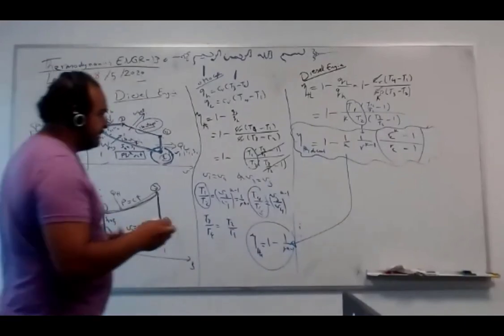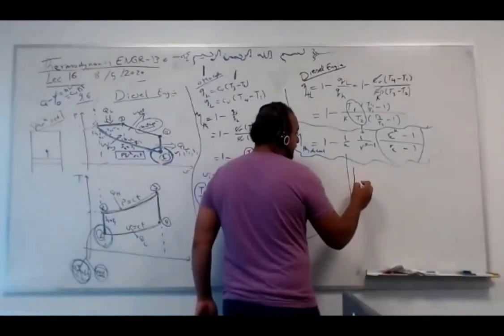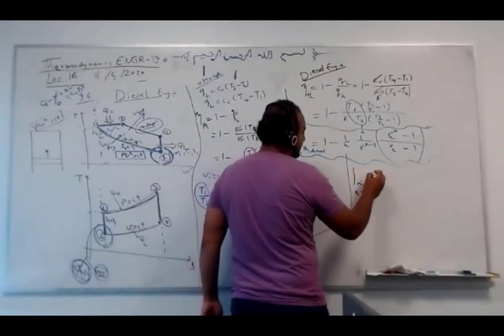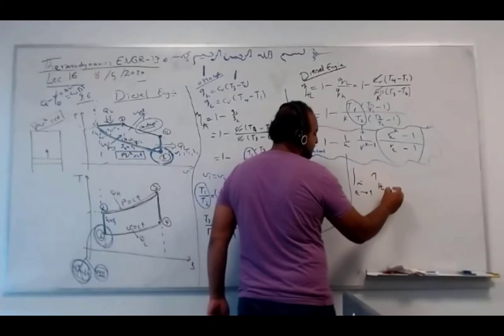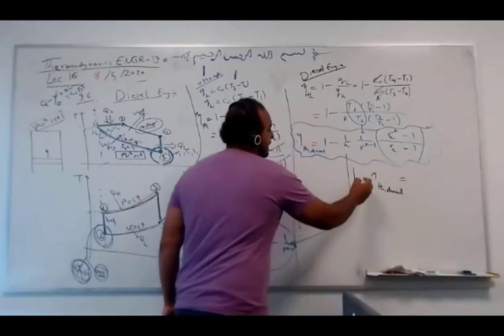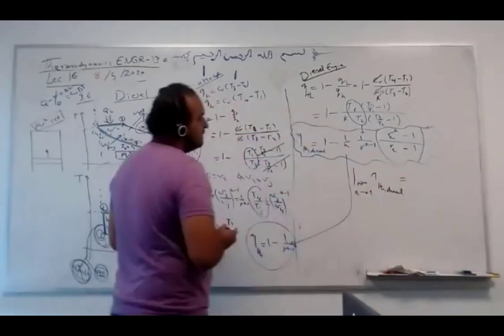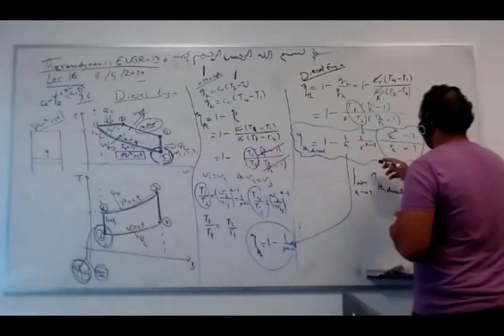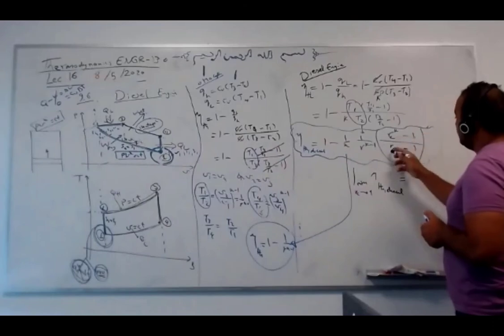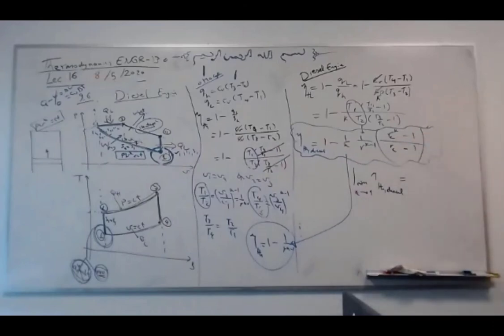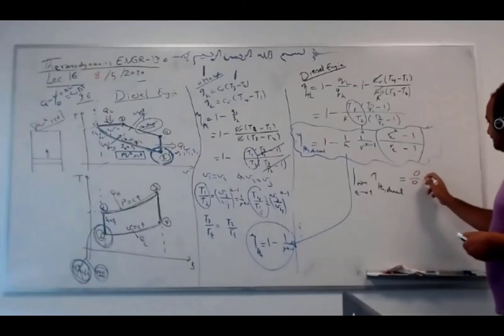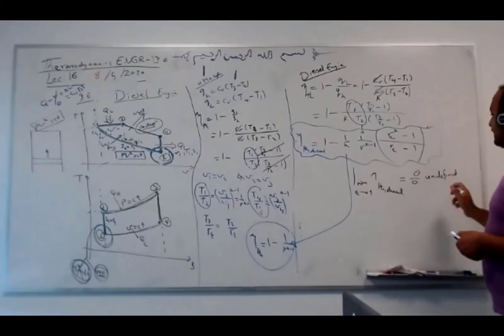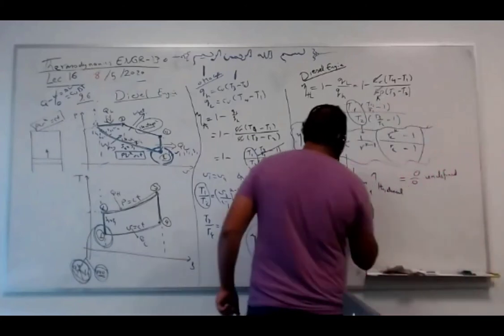If we put the limit of rc tends to 1 in eta thermal diesel, in this guy, forget about the 1 minus. Here it is 0 over 0, undefined. What should I do, guys? We can use the L'Hopital rule.